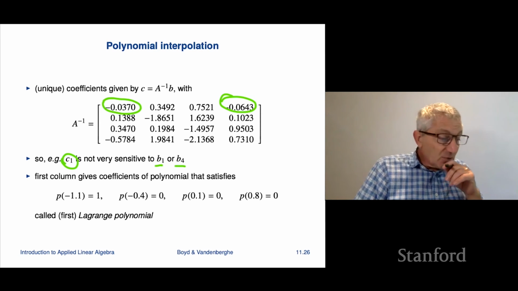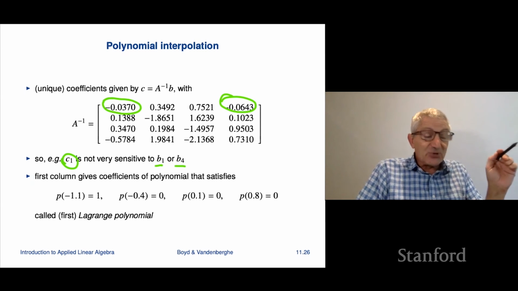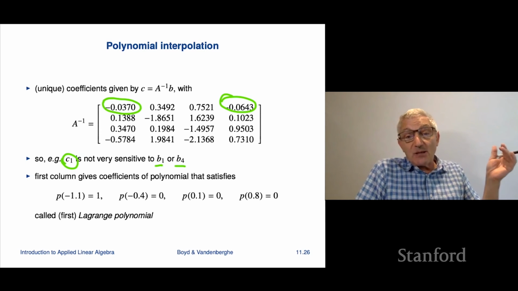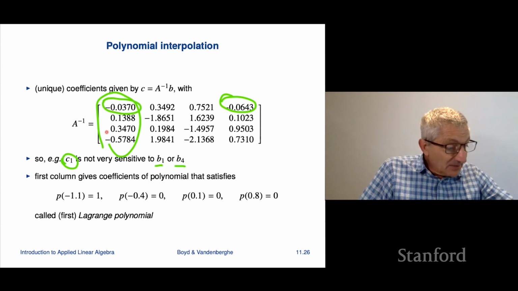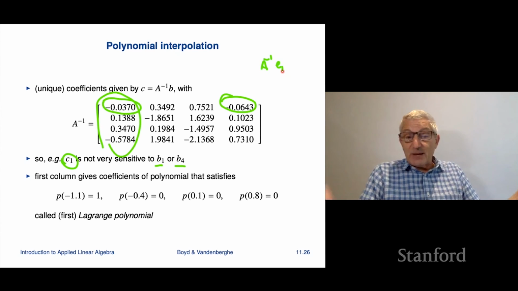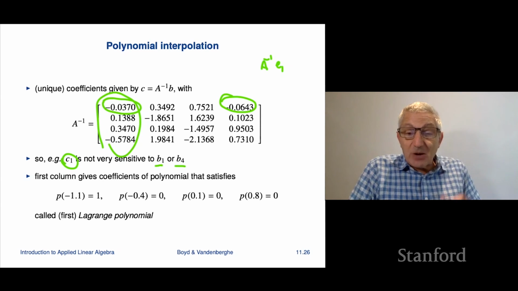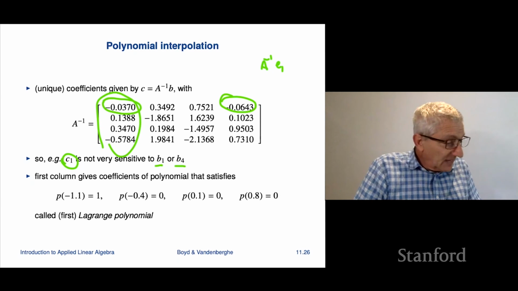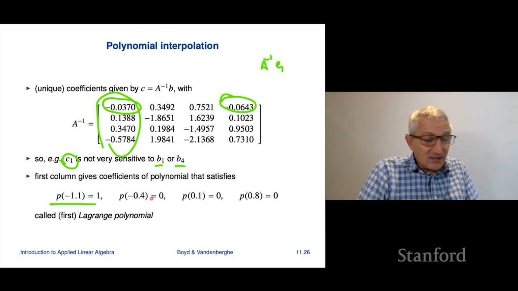Another interesting thing is to interpret the columns. Columns are super interesting. Let's figure out what the first column means. If I multiply A inverse by E1, I get the first column. That's true for any matrix. But E1 gives the values the polynomial should take. So the first column gives you the coefficients of a polynomial that satisfies this: at minus 1.1, it's 1; at minus 0.4, it's 0, 0, 0.